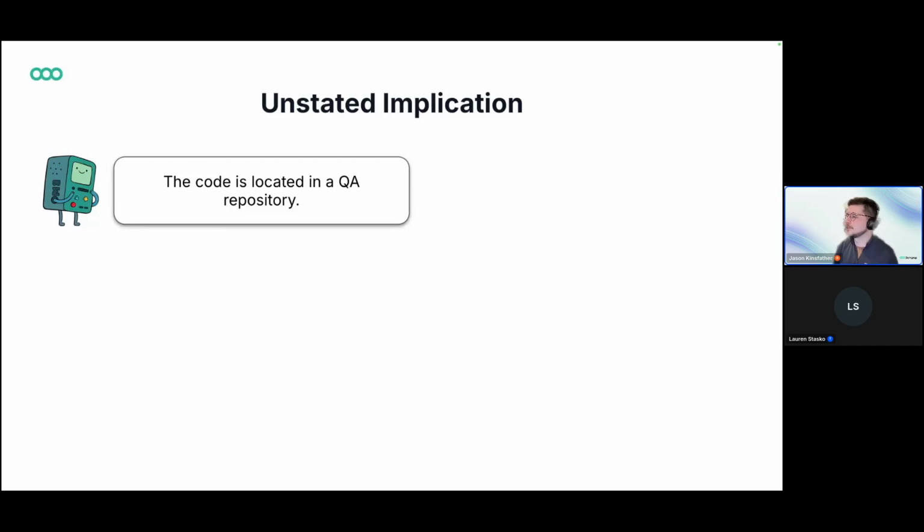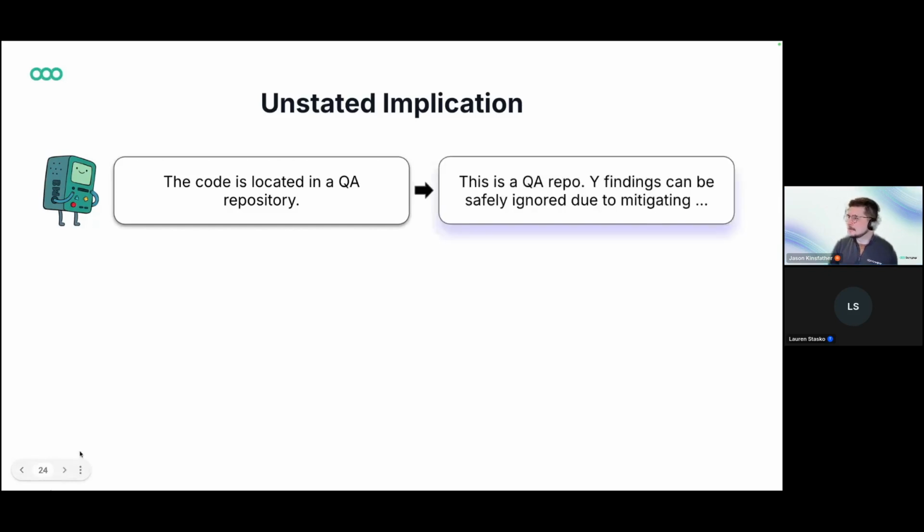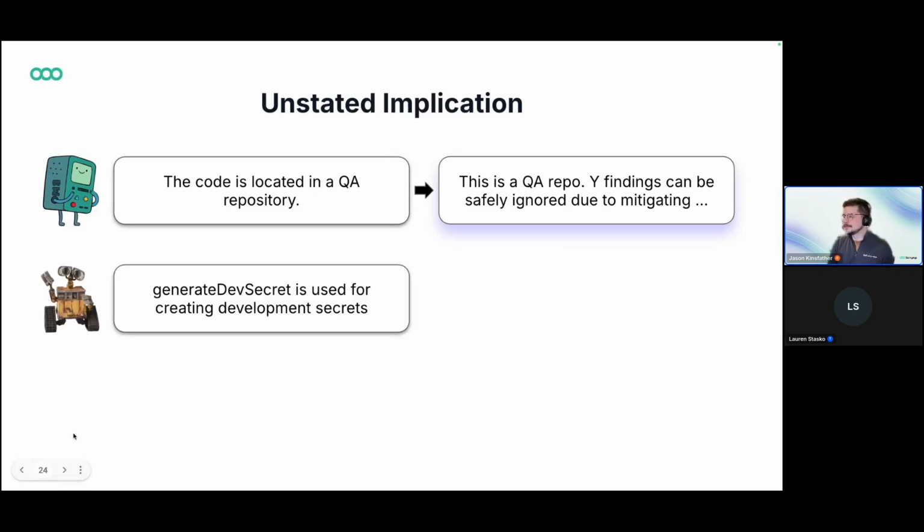That might be very factually correct, but what are the implications of that? You know, maybe we say this is a QA repo and findings from this class of vulnerabilities can be safely ignored due to mitigating factors from blah, blah, blah, blah. So we really want to state beyond just what the fact is.